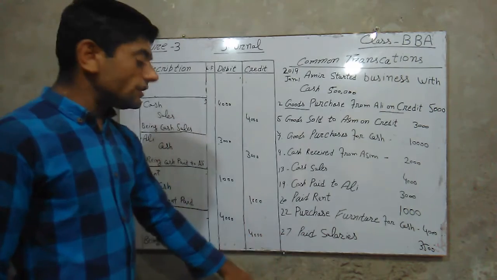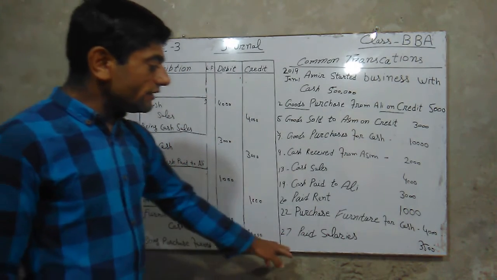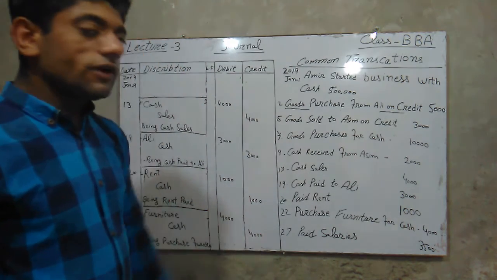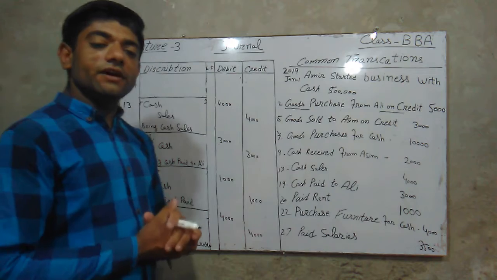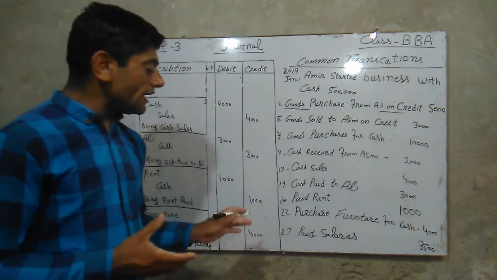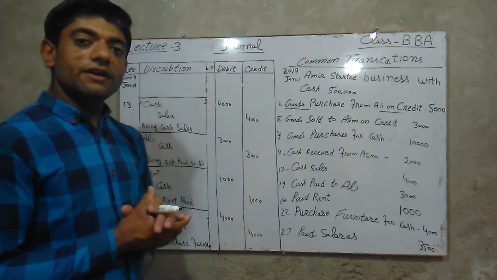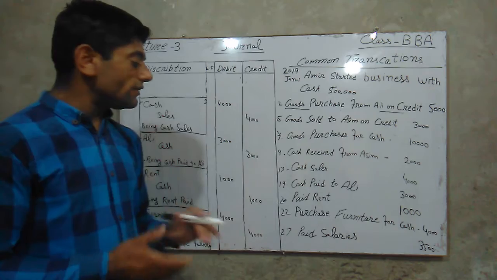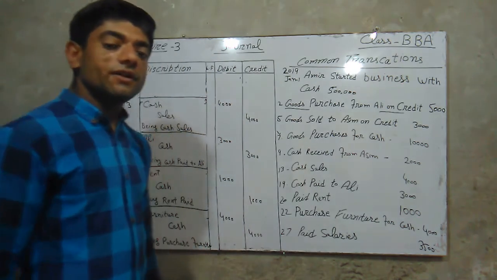So next transaction, paid salary 3,500. Paid salary is also our expense. When expense increases, it's debit, and cash is our asset. When it decreases, it's credit. Now we paid cash as salary, so cash decreases, so it's a credit.